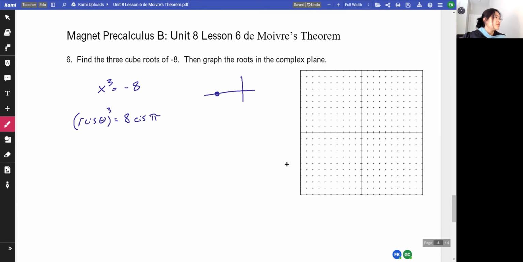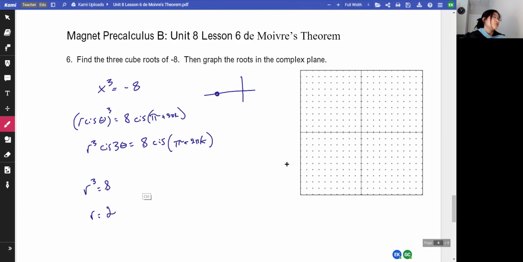So we get r equals 8, and 3 theta equals pi plus 2k pi. So then theta is pi plus 2 pi k over 3. Boom.